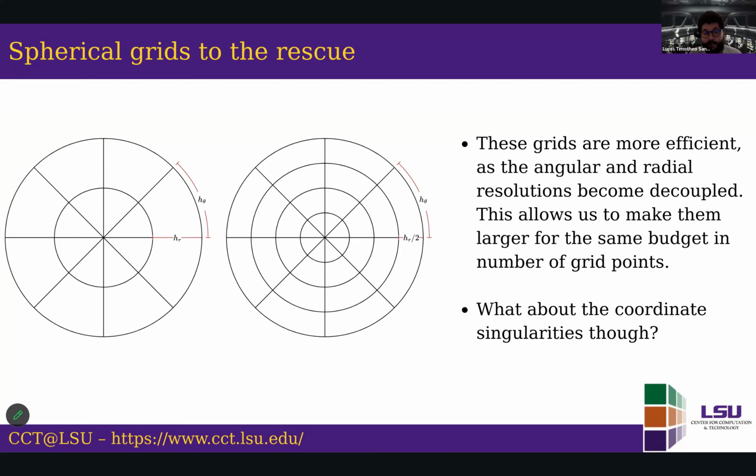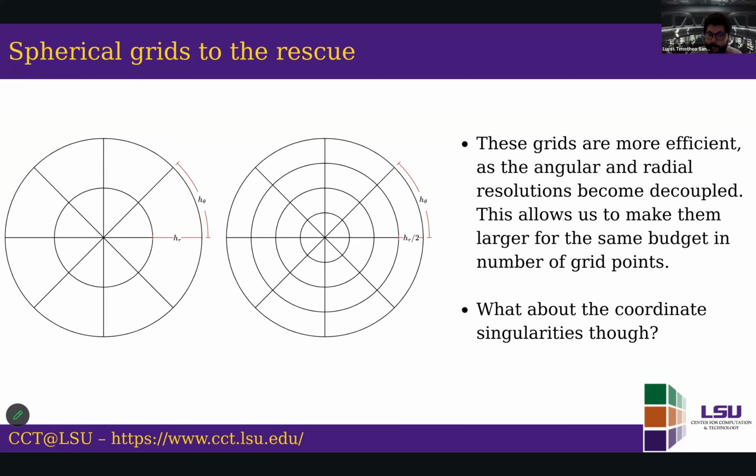They are more efficient because the radial and the angular resolution are decoupled in these grids, which they're not in Cartesian grids, right? So you can have a grid with a lot of radial resolution, and then you're just increasing linearly the amount of points that you need to store, and no longer exponentially, right, as you would on a Cartesian grid.